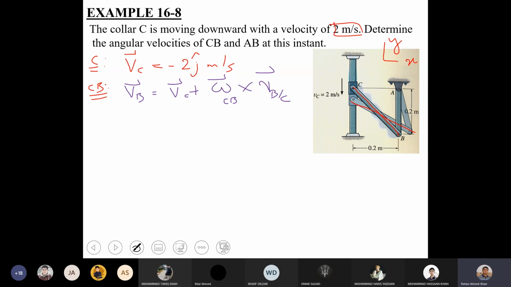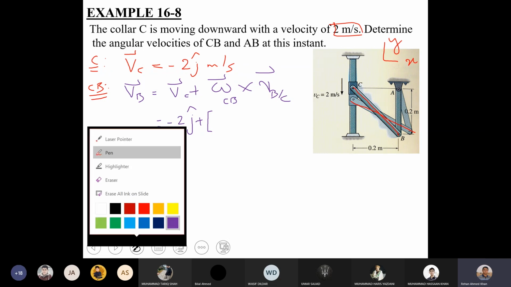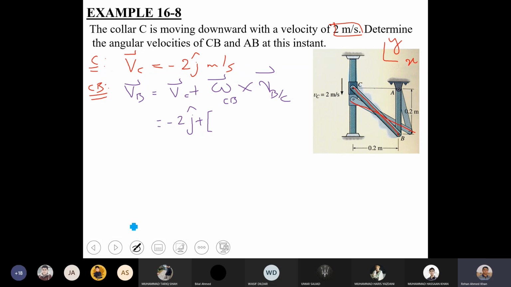Now completing these vectors in this equation, since VC is given to us as minus 2j, I have put minus 2j in place of VC. Moving on to omega, can you judge the direction of the angular velocity of link CB? What do the two positions shown to you represent? This is going to be the direction of omega, isn't it?